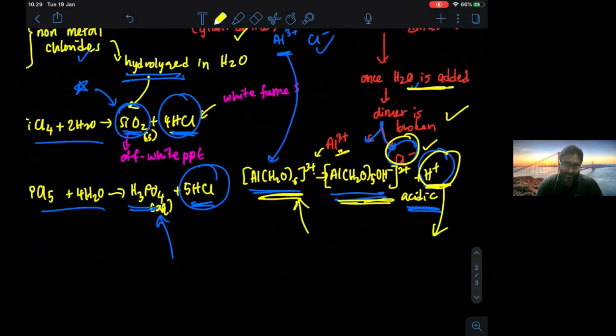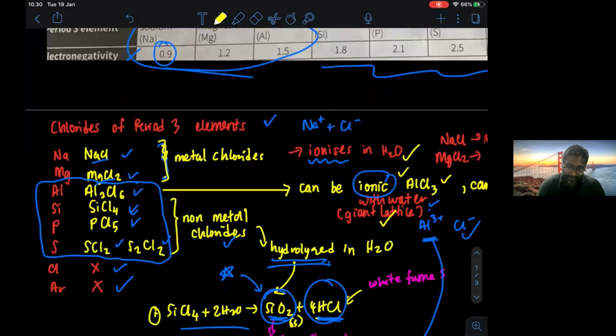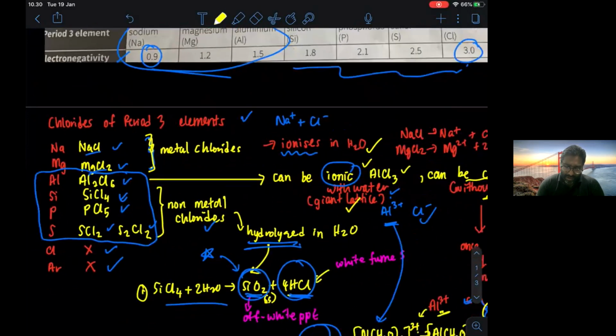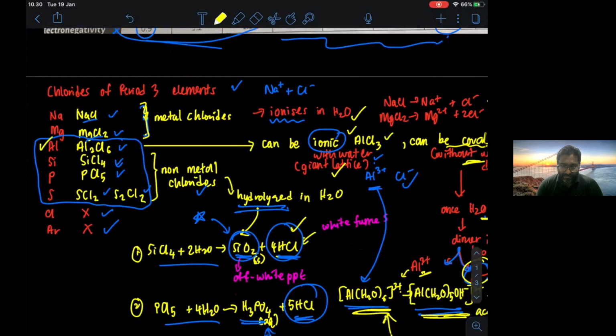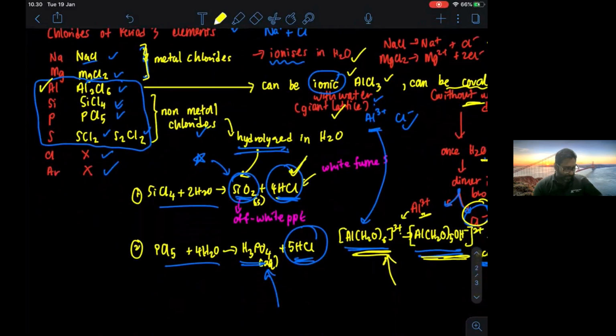So in this case, if you look at the reaction, even including aluminium, they will hydrolyze in water to give you HCl. You can see SiCl4 gives you HCl over here, and PCl5 reacts and gives you HCl over here.